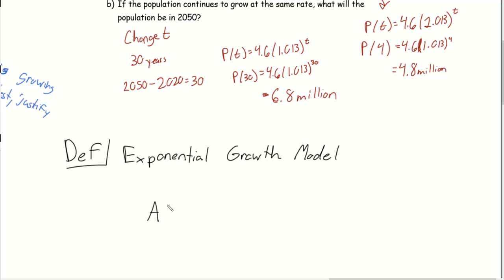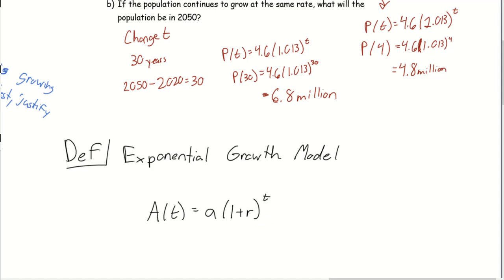We had, say, A of t for a general one. This is not another problem. This is just the general formula for it. So A of t equals A times (1 plus r) to the t.